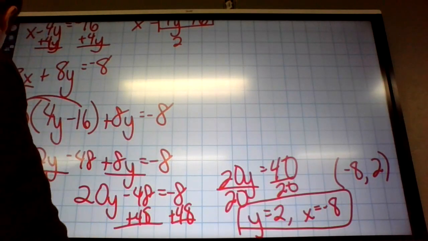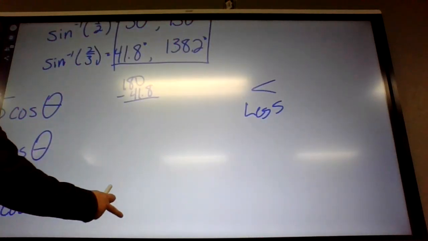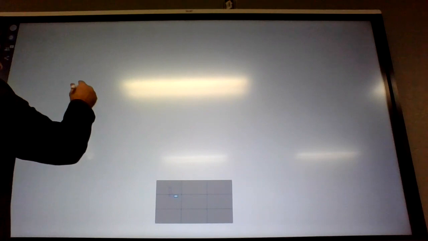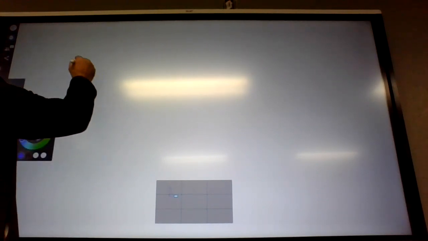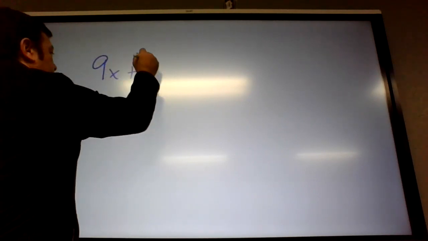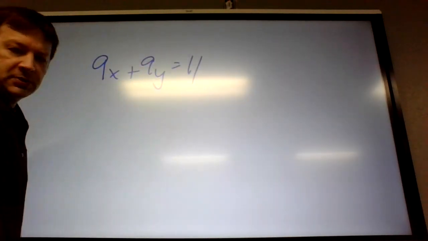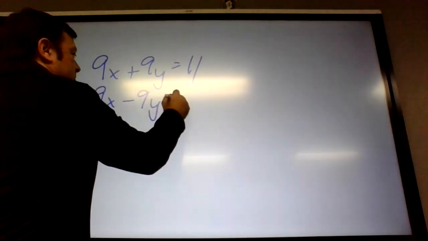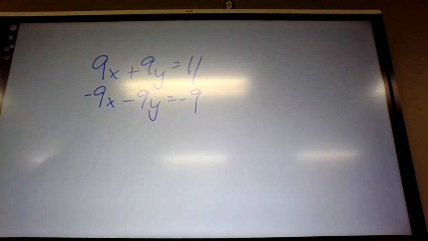I don't know if I want to write this down. Let's go back here. It's kind of like the book assignment we did on Monday. Let's go blue. 9x plus 9y equals 11, negative 9.